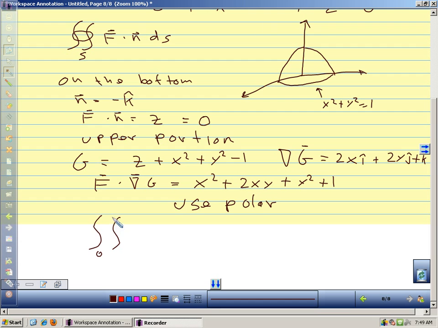We get the integral from 0 to 2 pi, 0 to 1, and I ended up with r squared plus 2r squared sine theta cosine theta plus 1, r dr d theta.